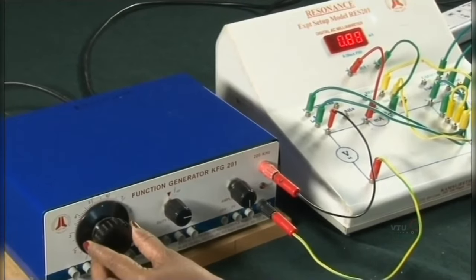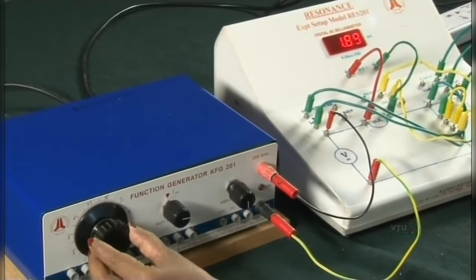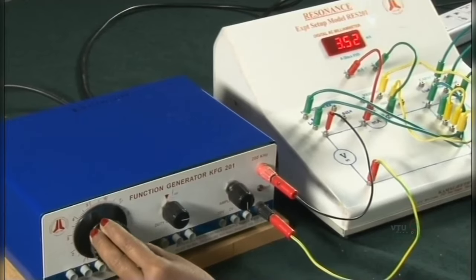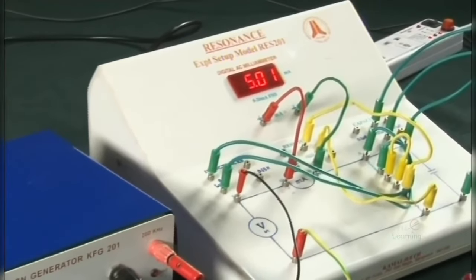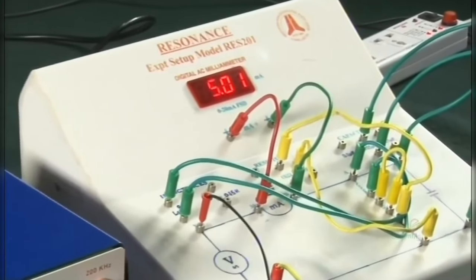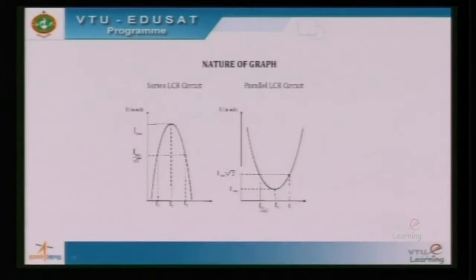As you increase the frequency, you observe that current is again increasing and reaching maximum. So, the characteristic graph as seen shows an initial decrease in the value of I as the frequency is increasing, because the circuit is more capacitive initially when all the components are connected in parallel, then reaches a minimum at which XL is equal to XC.